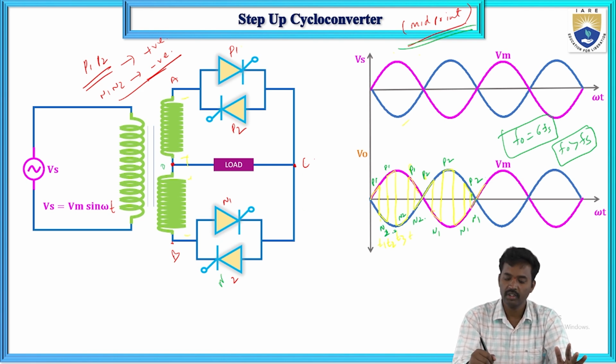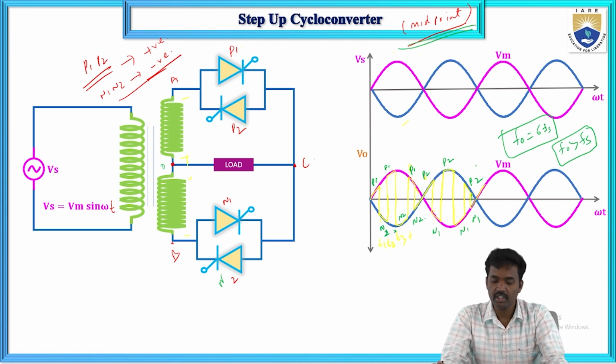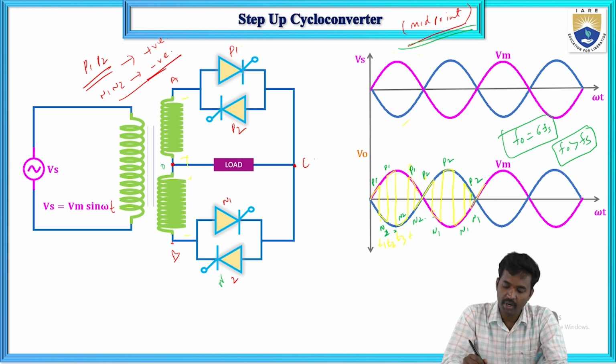At T equals T1, P1 will be force commutated and N2 is turned on, and again N2 is turned off at T2, and again P1 will be turned on. P1 will be turned off at T3, and again N2 is turned on. In the same fashion, at this point P2 will conduct.